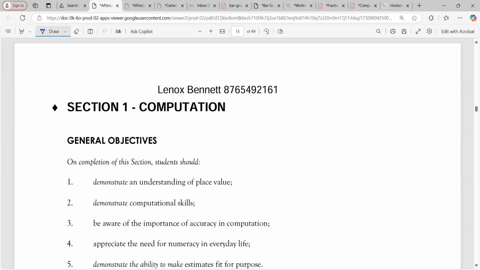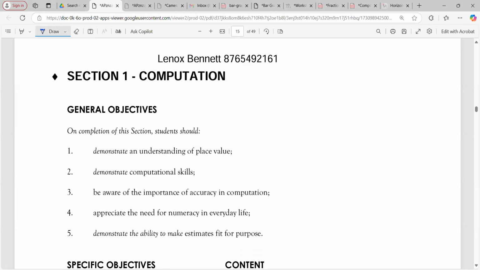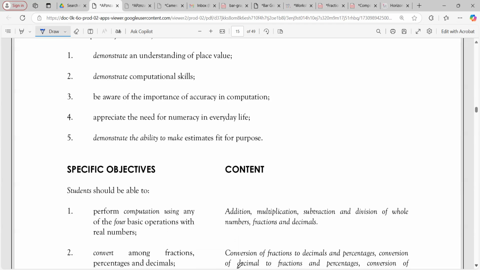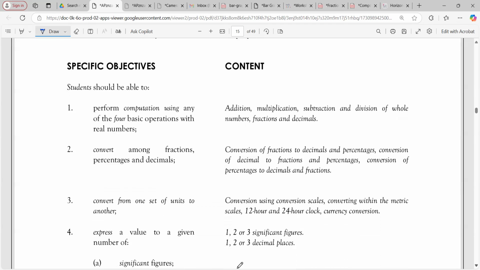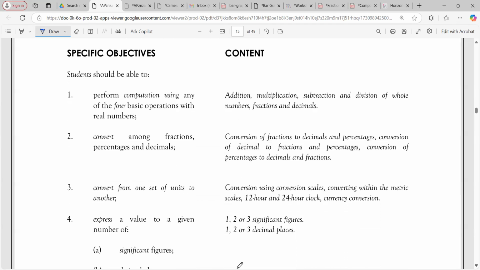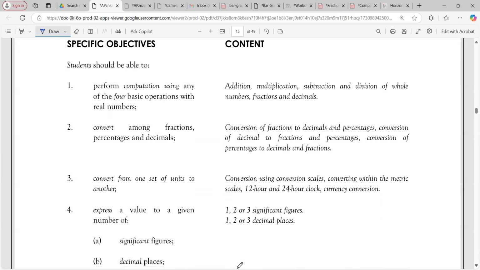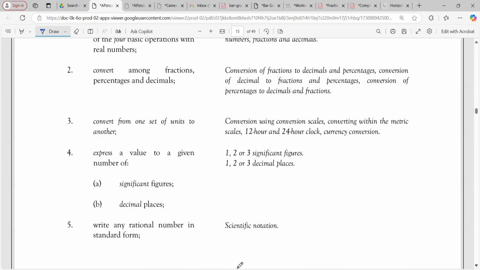First one is computation, and it says that you must demonstrate understanding of place value, demonstrate computation skill, be aware of the importance of accuracy in computation and all that, right? Appreciate the need for numeracy in everyday life. So these are some of the topics that you should go through, right? Fraction, percentage, decimal, significant figures, all of those.